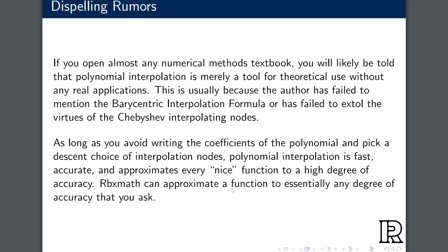So you can just compute the approximant, and they're not quite guarantees, but they're soft guarantees of convergence and non-squiggliness. And again, RBX Math can basically approximate a function to any degree of accuracy.